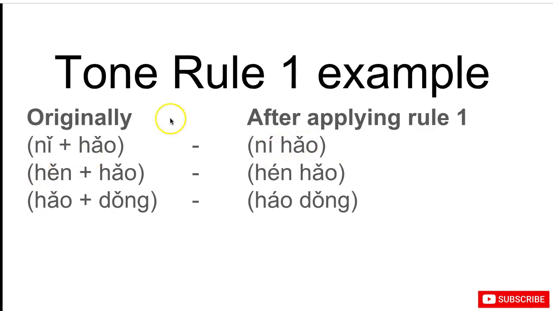So anytime you're reading pinyin and you see these 2 tones standing next to each other, the first tone has to be pronounced like the second tone. You see, the first third tone should be pronounced like the second tone. So instead of calling it hen hao, we call it hun hao.